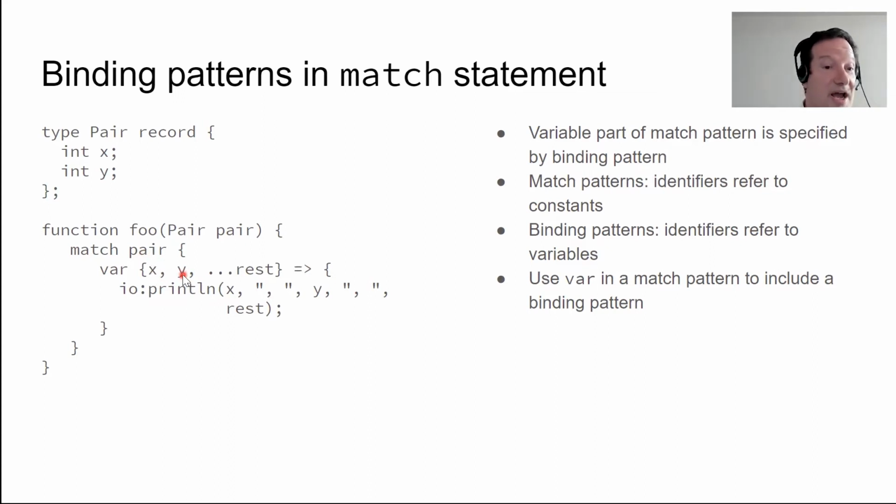The variable Y will be bound to the Y field of pair, and rest will be bound to a map of everything else in pair. So you've actually got a way to conveniently process all the extra stuff. Not only do we have open records, but we've actually got a way you can do stuff with them.